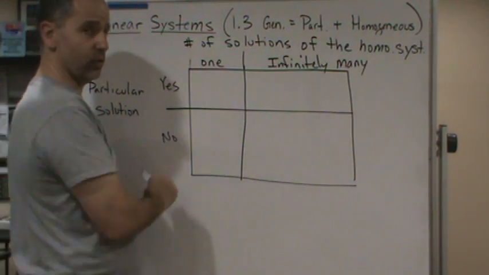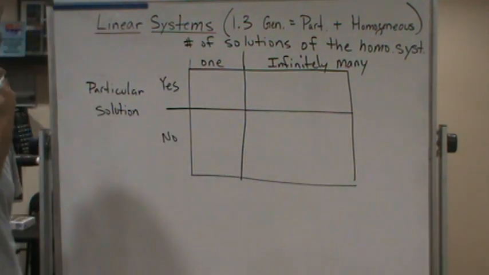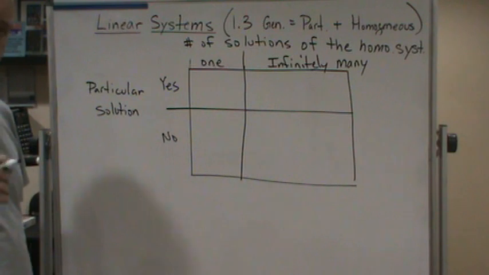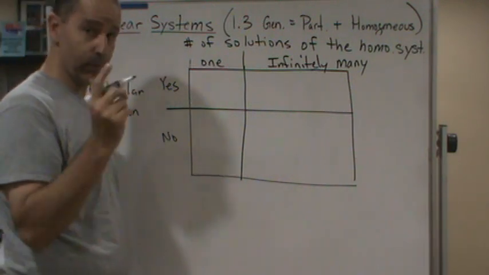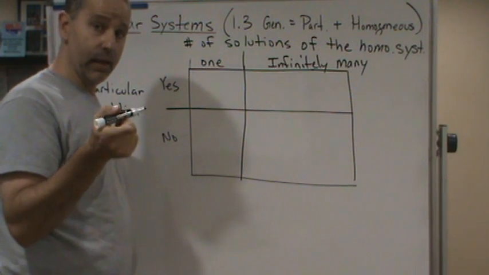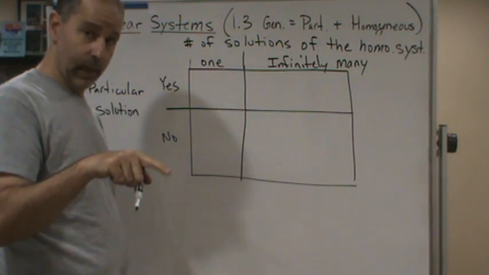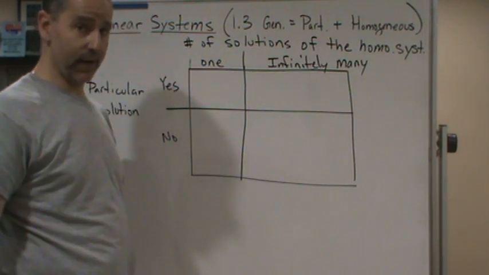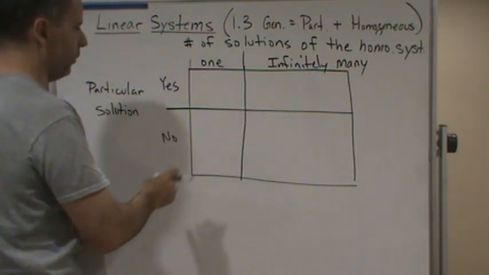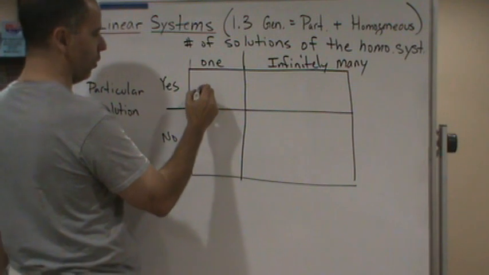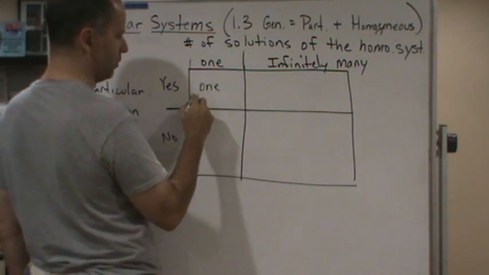Well, what's the one solution? Well, that's going to be the zero vector. That's the only solution you have if you have the zero vector. Because remember, if you have at least one non-zero vector, then you have to have an infinite number of solutions to the homogeneous system. So if you have this and this, then you're only going to have one unique solution.